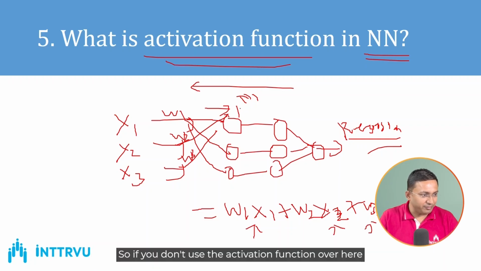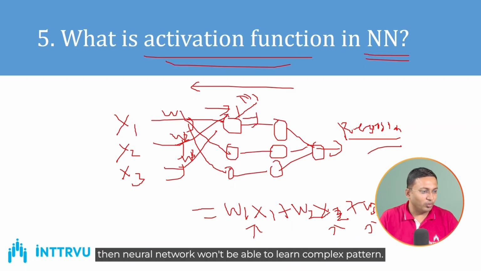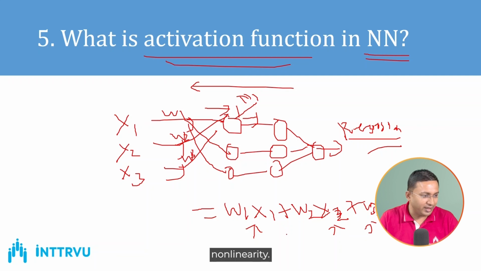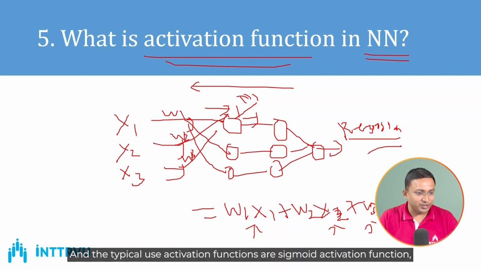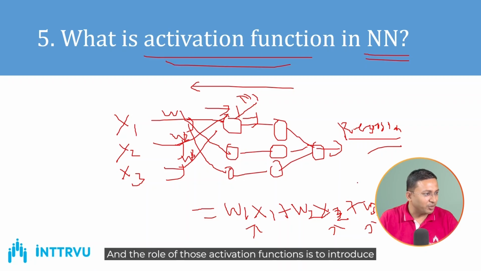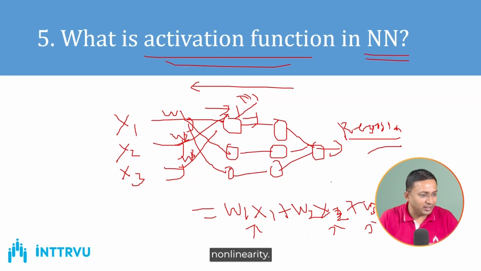If we don't use the activation function, and we simply pass this value as the output, the neural network won't be able to learn complex patterns. It won't be able to learn non-linear patterns within the data. So the role of the activation function is to introduce non-linearity. The typically used activation functions are the sigmoid activation function, ReLU activation function, and hyperbolic tangent activation function.